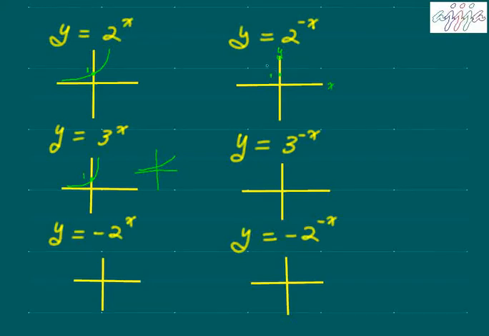But this time x is negative. That's why positive x goes to the left-hand side, and the negative side goes to the right. That means exactly the same picture, but exchange left to right. So it looks like this.